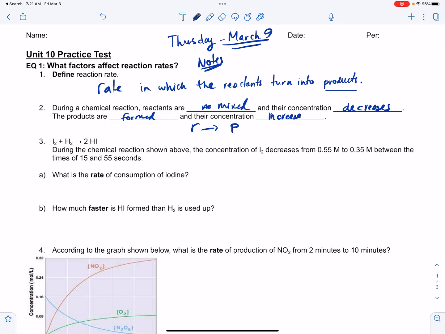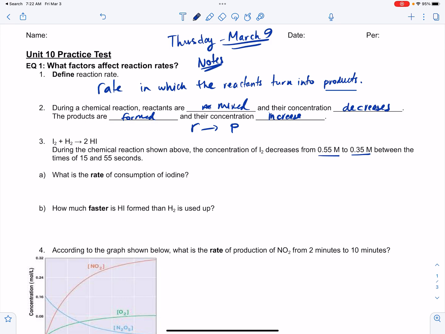Iodine combines with hydrogen to form 2 moles of hydroiodic acid. During the chemical reaction shown above, the concentration of I2 decreases from 0.55 to 0.35 between the times of 15 and 55 seconds. What is the rate of consumption of iodine?